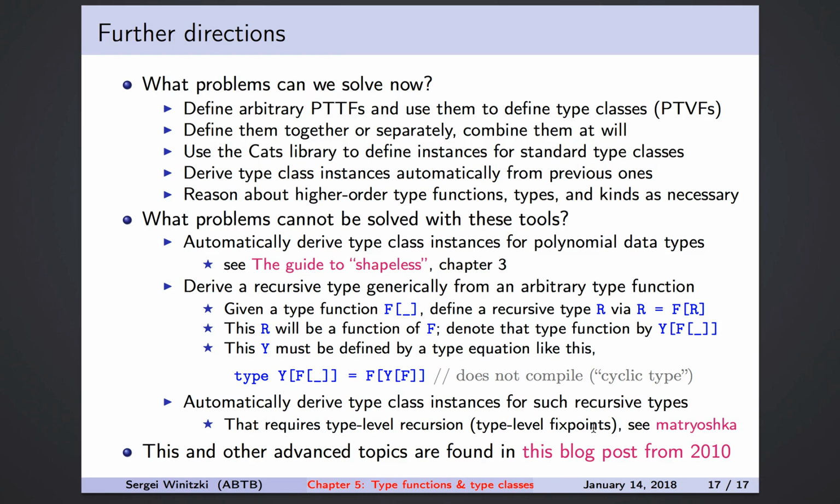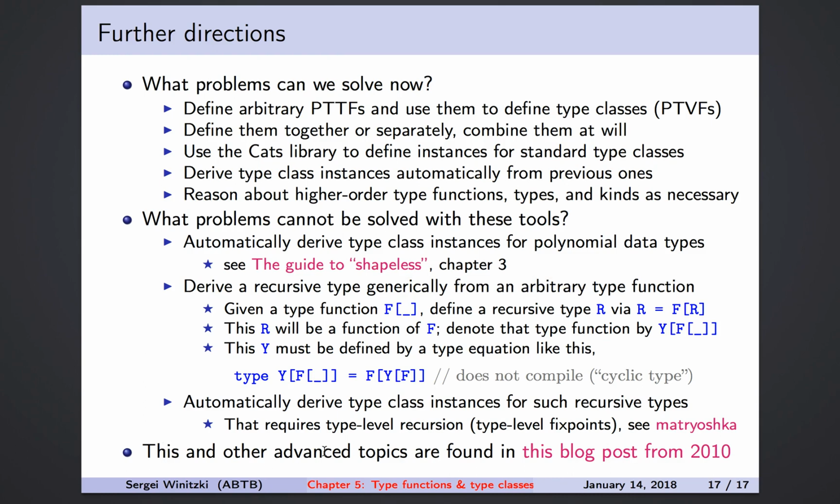Now, there are some advanced libraries like Matryoshka that implement type-level recursion or type-level fixed points that are able to handle these problems. I'm giving you a link here. Also, Shapeless might help, I'm not sure.